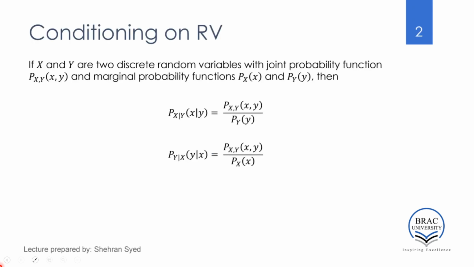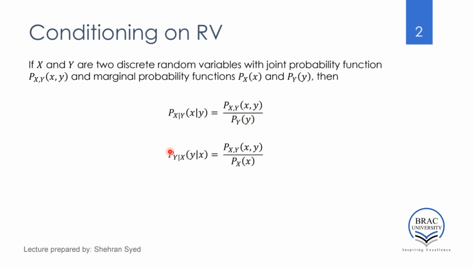So, if we expand the definition of conditional probability to suit random variables, if x and y are two discrete random variables with joint probability function p of xy and marginal probability functions p of x and p of y, then the conditional probability p of x given y is equal to the joint probability of x and y divided by the marginal probability of y.